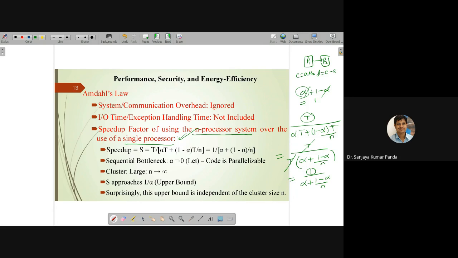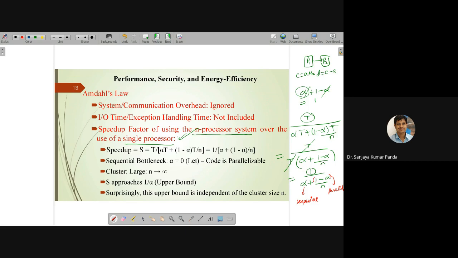Now the sequential bottleneck case says that alpha is equal to 0. Alpha represents sequential, 1 minus alpha represents parallel. If alpha is equal to 0, it means the whole code is parallelizable, so the total code is 1 divided by n.